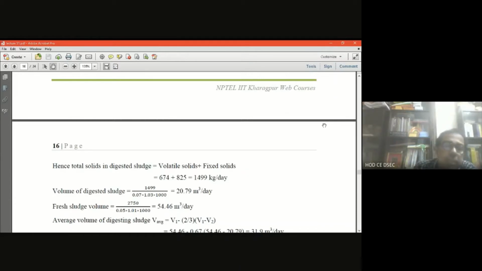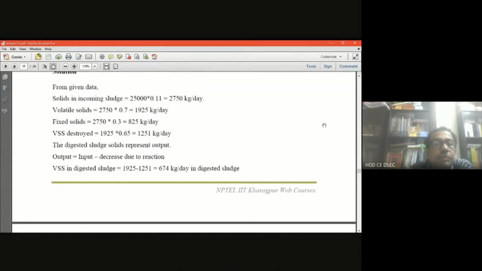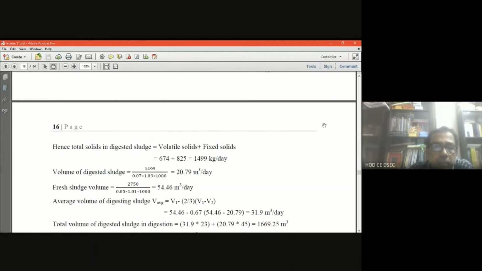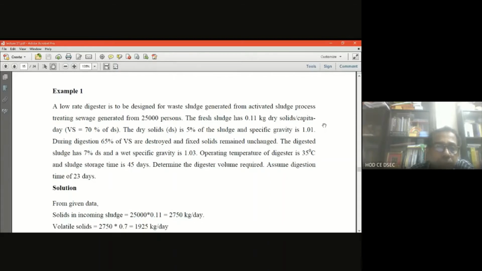Now let us see the fresh sludge volume. What is the fresh sludge? That was calculated as 2750. Before digestion, solids in incoming sludge was 2750. That was the solids. Then what is the sludge mass? Simply 2750 divided by 0.05. Why 0.05? Because in the question it was given that 5% of the sludge is the dry solid, and that is the fresh sludge.